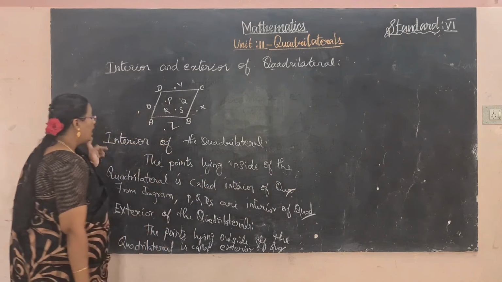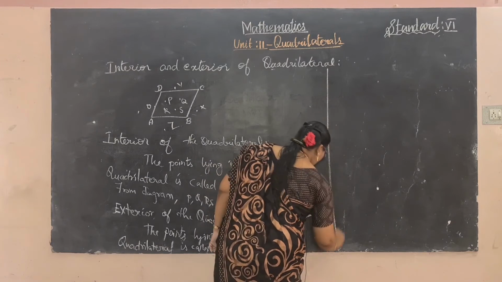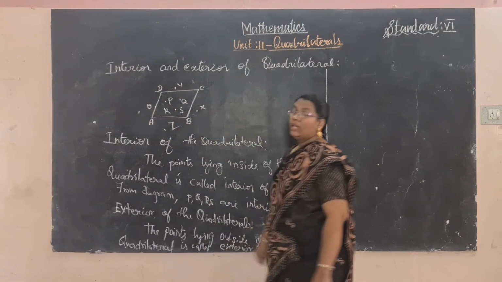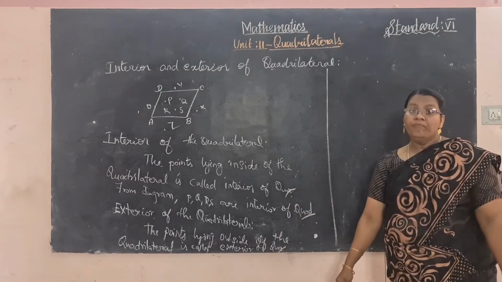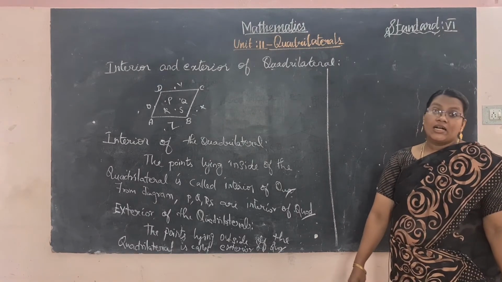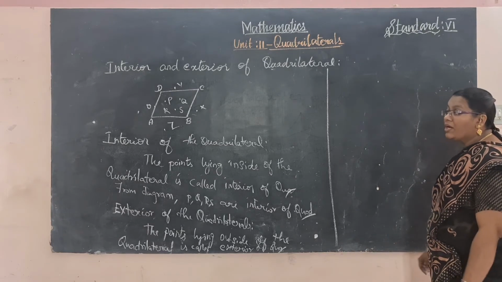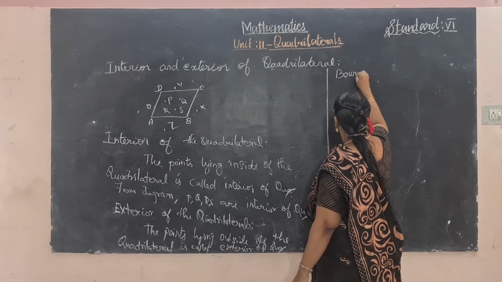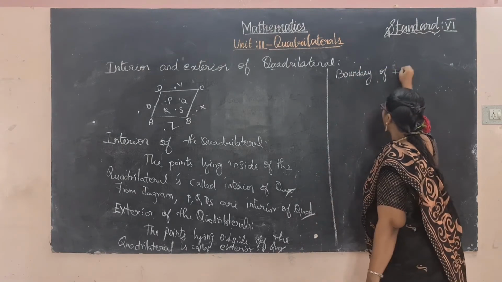And the third one: the points which lie on the line segments A, B, C, D and O. Those points lie on the boundary, on the line segments of the quadrilateral. These are called the boundary of the quadrilateral.